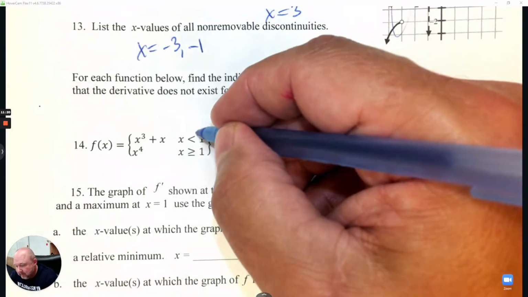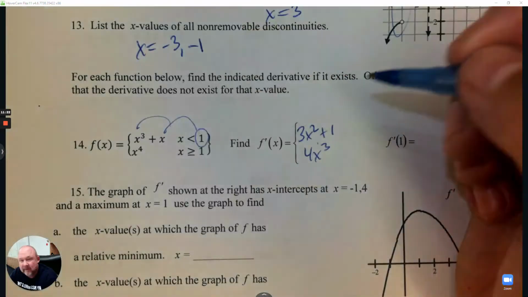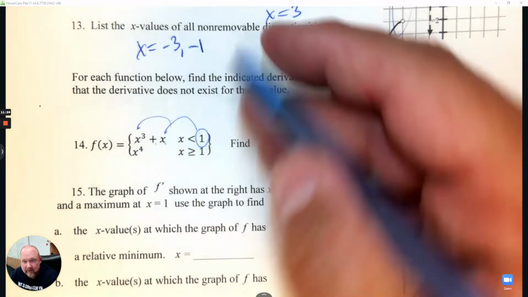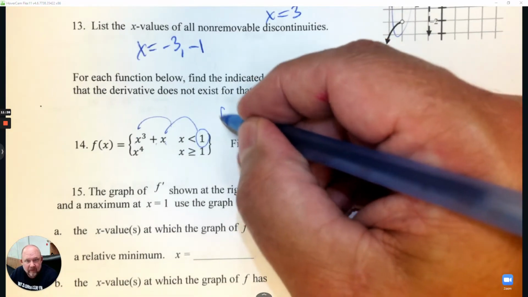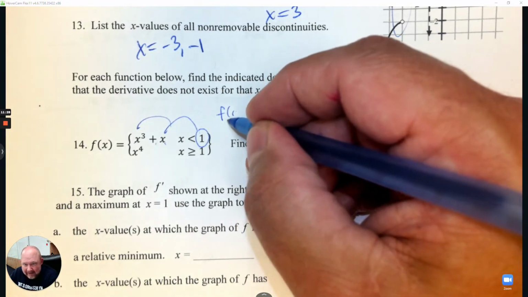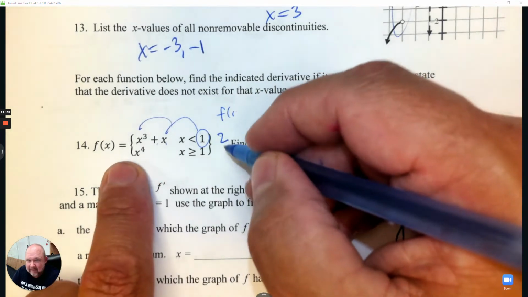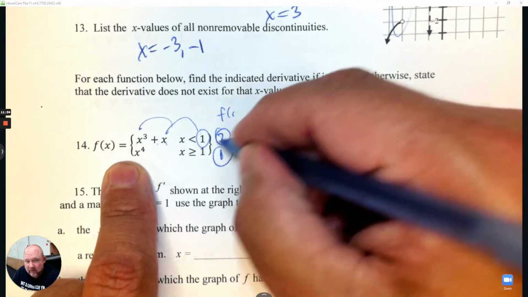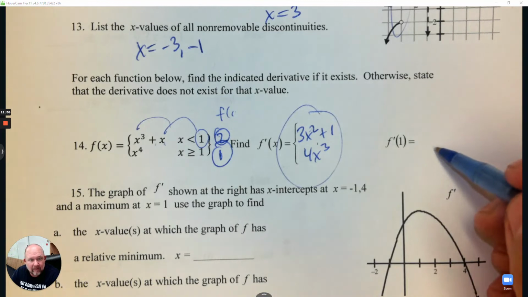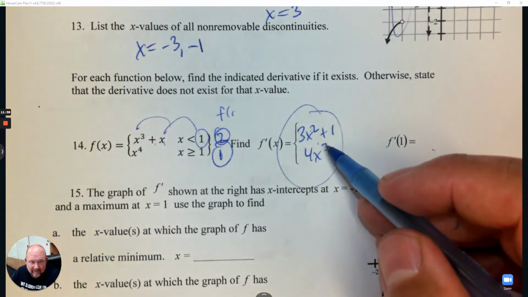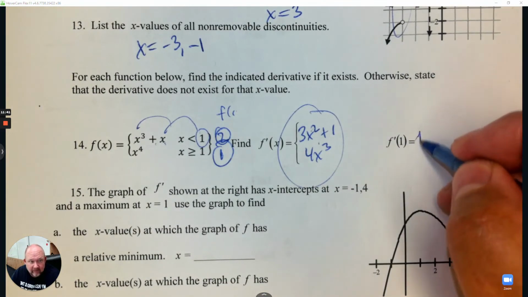What happens if I plug 1 into the function? The answer is 1 cubed plus 1. There's going to be a jump here. So from the left, the answer is 2. From the right, the answer is 1. Because there's a jump, even though this derivative would look like the answer is 4, this does not exist.